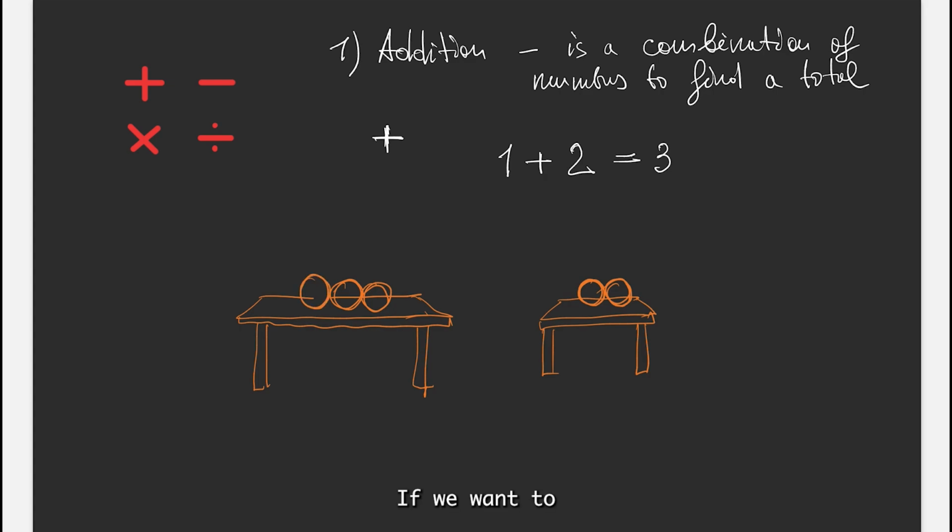So if we want to combine these 2 objects from table 1 to table 2, when we are putting these 2 oranges on this table, we have nothing here.